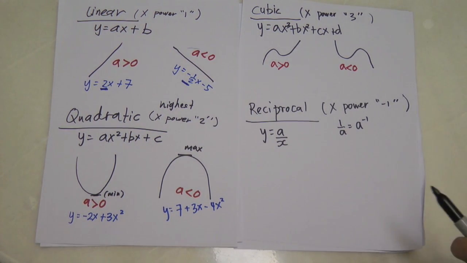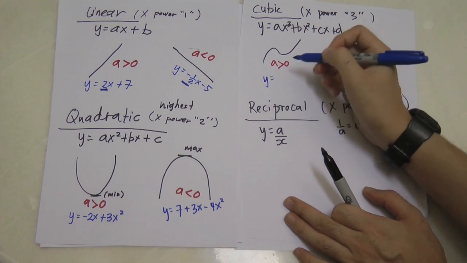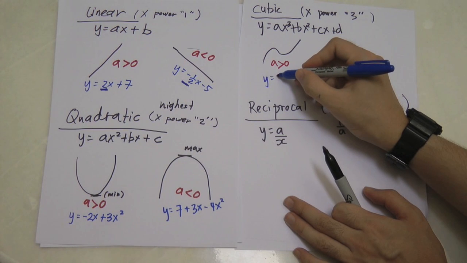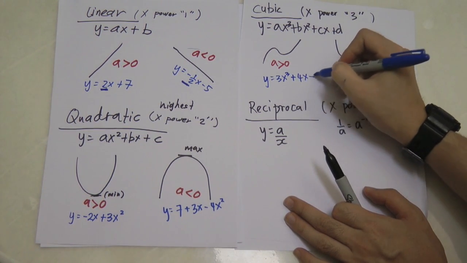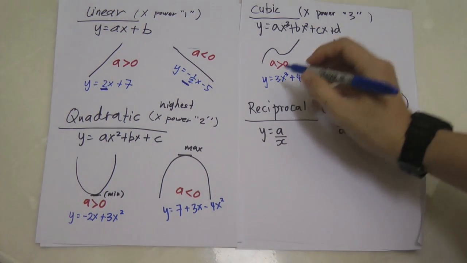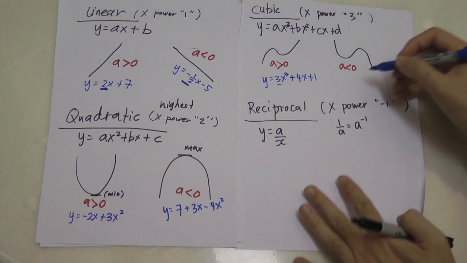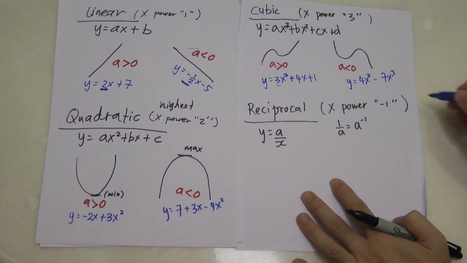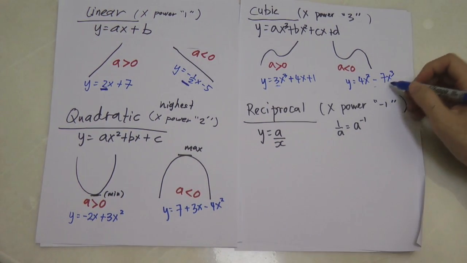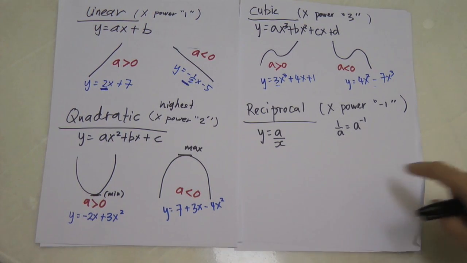For example, y equals 3x cubed plus 4x plus 1. As long as you see this is 3, you know your graph will be like this. And for example, y equals 4x squared minus 7x cubed. You can see the number beside the x cubed is negative, so your graph pattern will be like this.